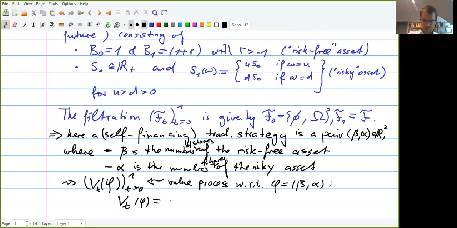It is just given by alpha times the price S_t plus beta times the bond B_t, for t in our index set, which is just 0 and 1. Okay.